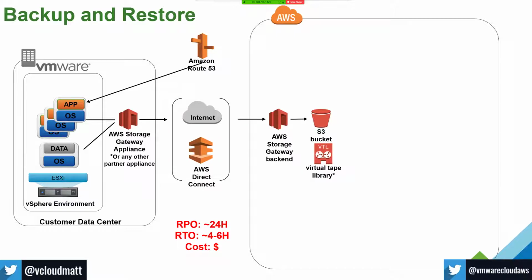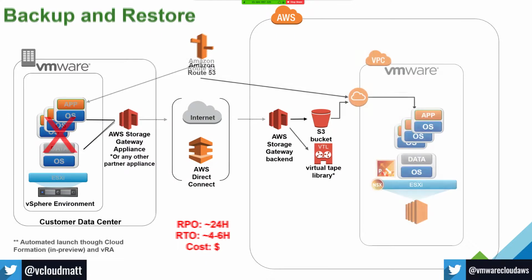So what you could do here is, again, they have Amazon Route 53 at the top, which is directing your customers to your apps and your OS in your data center. You're using Amazon services to back up to the S3 bucket. If you have a failure of your data center, all you do is use Route 53 and Amazon services to redirect to a VMware SDDC that you just spun up, and you can leverage those S3 buckets to recreate your virtual machines in the cloud.